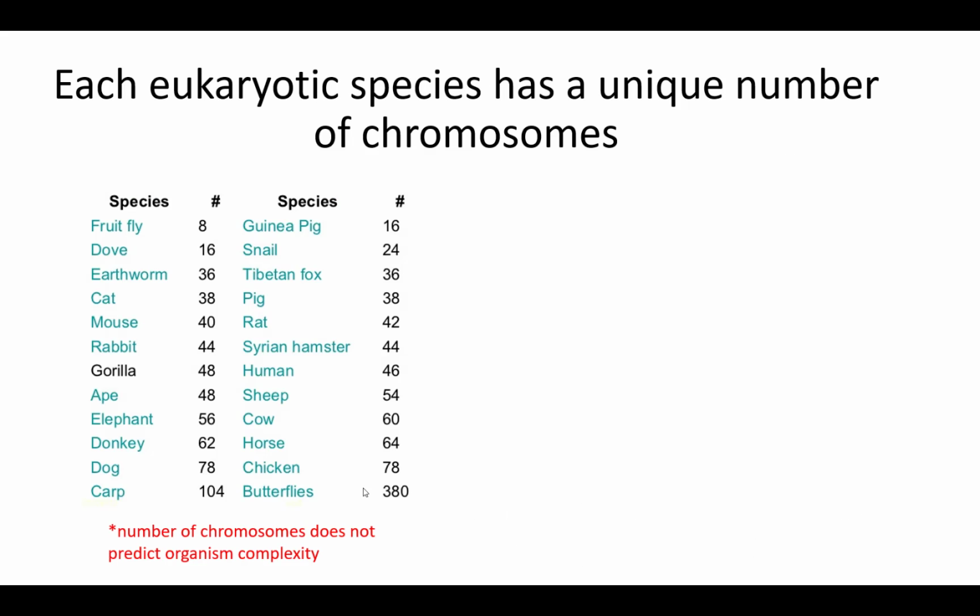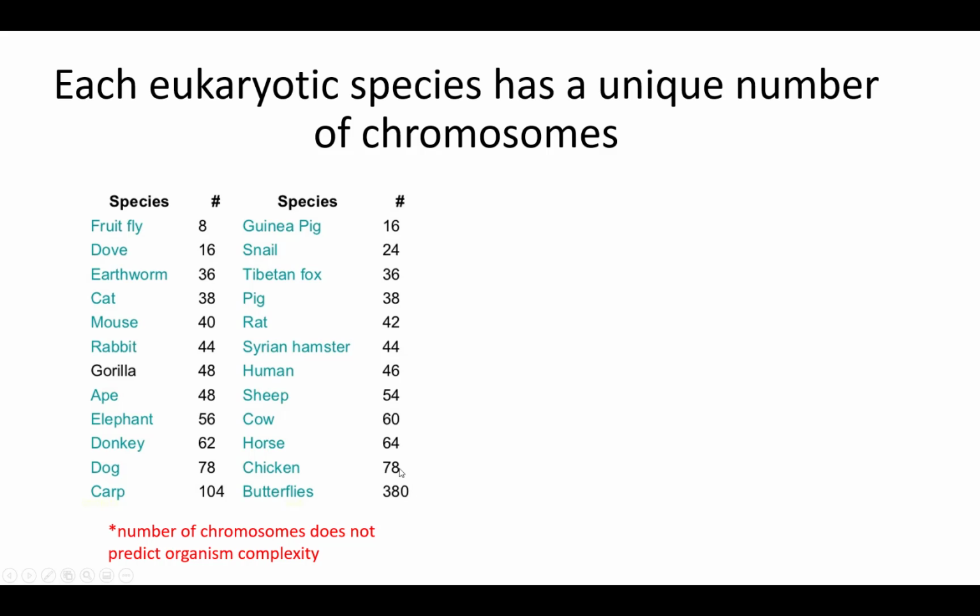So each eukaryotic species has a unique number of chromosomes. A few of these are listed here. So for example, fruit flies have a total of 8 chromosomes in almost every cell of their body. Humans have 46 total chromosomes, and the number of total linear chromosomes varies quite widely, from very few to very, very many.